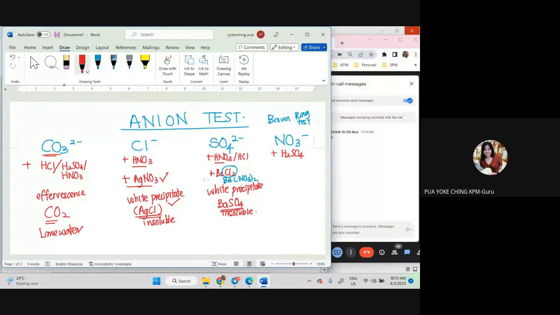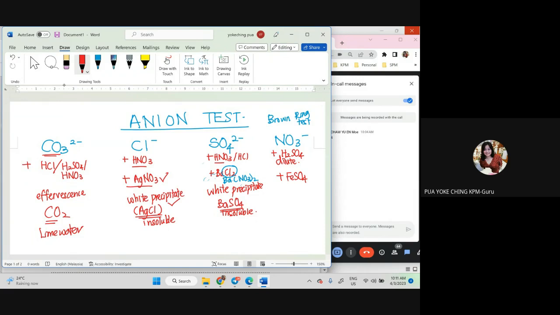Okay? So for nitrate ion, it's a bit difficult because you have a lot of steps. First one, you add dilute sulfuric acid. Okay, tapi kalau you dah hafal, then you akan jadi senang. Tambah dilute sulfuric acid and then tambah FeSO4. Okay. Nak tengok senang je.